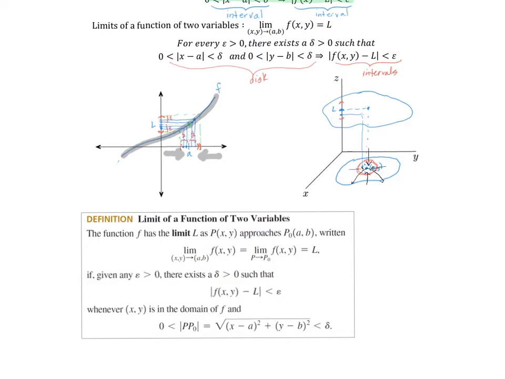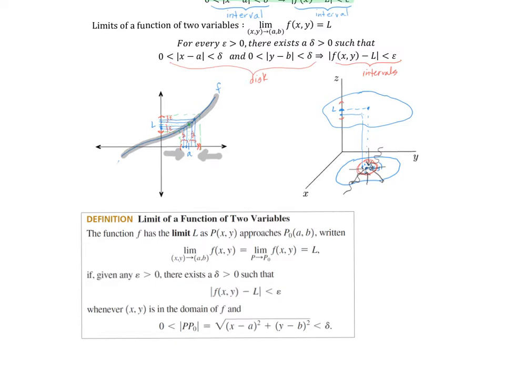Every single path that I can possibly come up with has to lead to that same L value. I can have a periodic graph, like a sine or cosine. So since there's infinitely many paths to approach this point x, y, sometimes it's impossible to show if the limit exists.